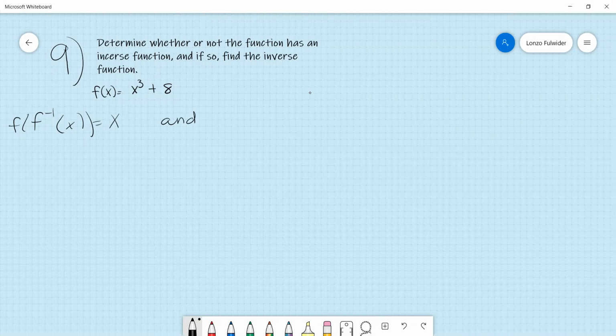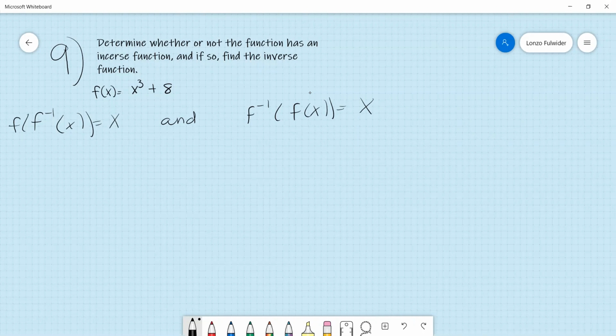And it should also, just like the last one we did, if you put the function f of x inside the inverse of f, the outcome should also be x.